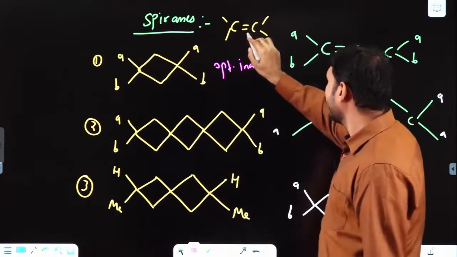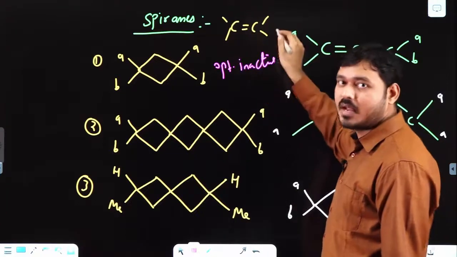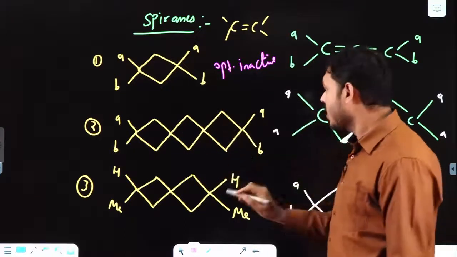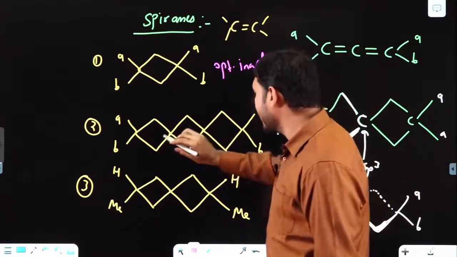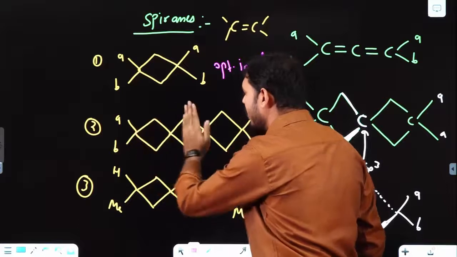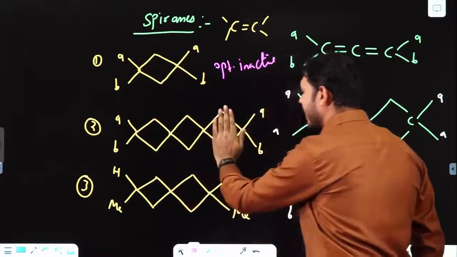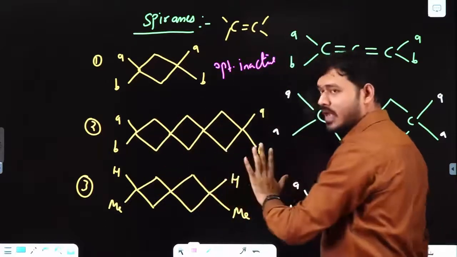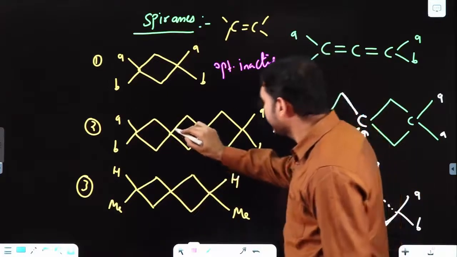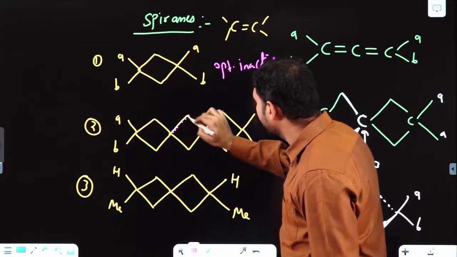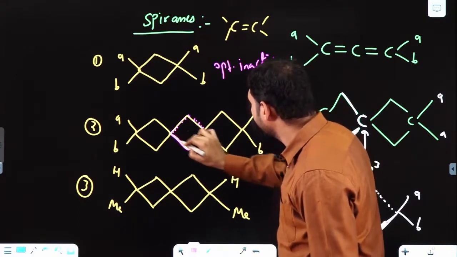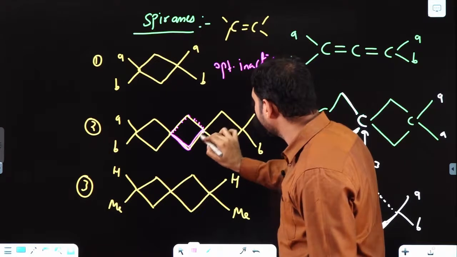Okay, now let's see this one. As we know, 1 pi bond, 3 pi bond, 5 pi bond, odd number, then they will always be planar. Now if I check this one, then what happens? Suppose this ring is planar, then this will be perpendicular, and this will again be planar. So first and last will be planar, so this part and this part will be planar. So I can simply say this ring is away and this ring is in 3 dimensions, it is like this.